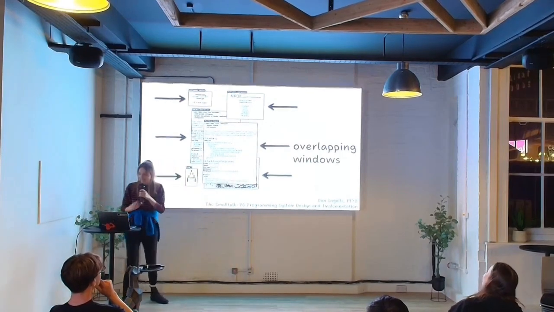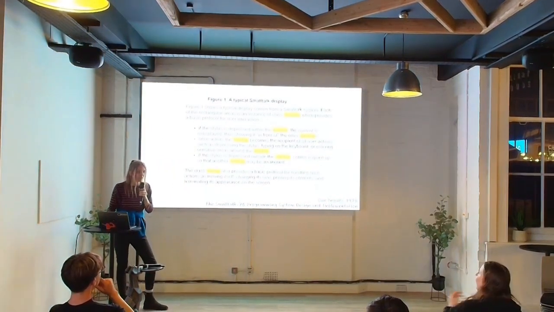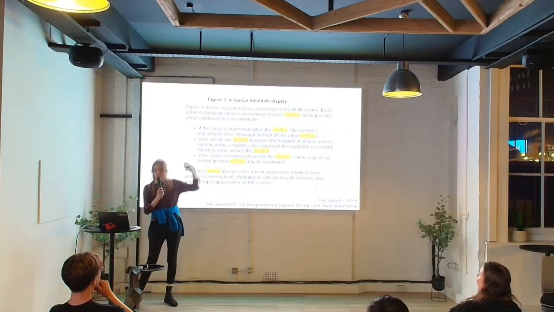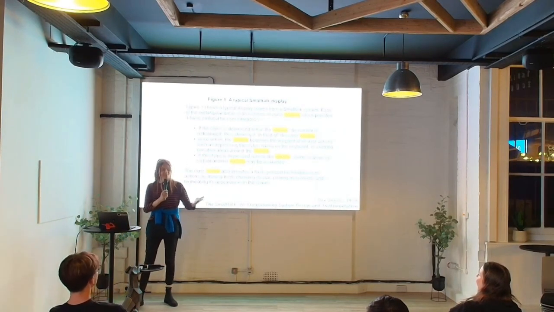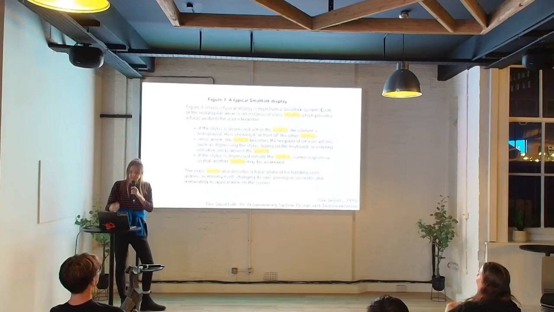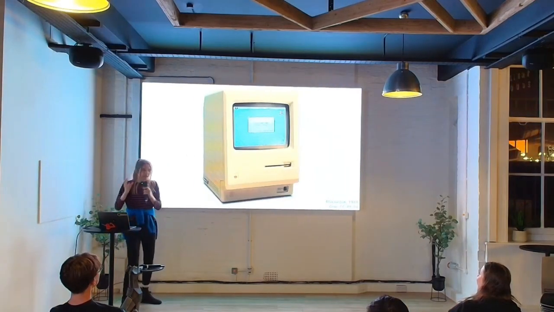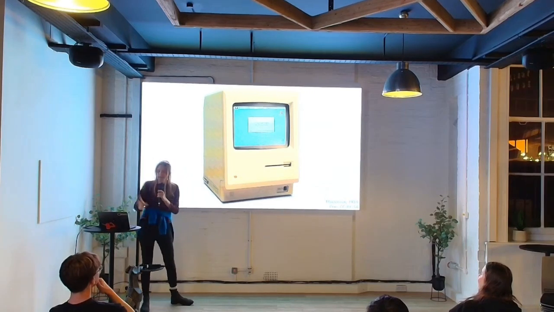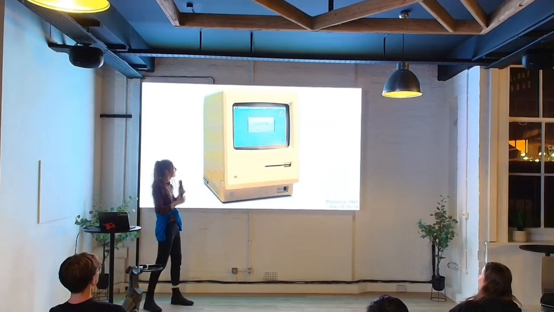And the funny thing is, someone had to invent that. This was the original paper where they defined what a window is. And we take that for granted now. But it was only many years later that this actually turned into the norm.